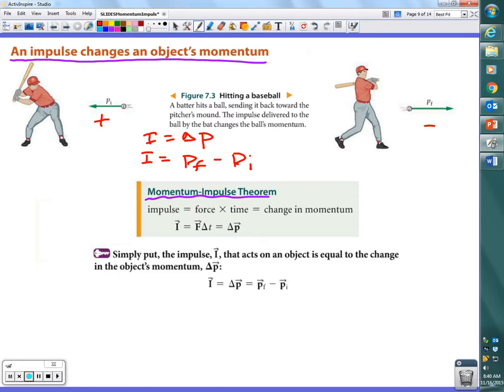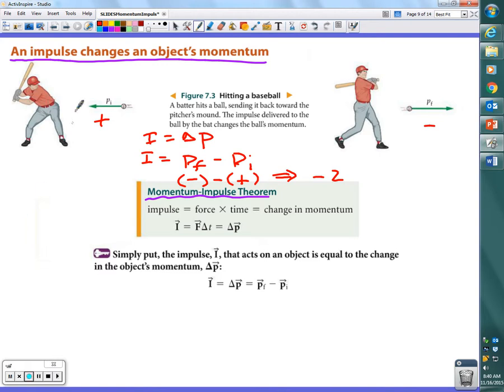When we go final minus initial, this would be a negative number minus a positive number, even if we're talking about the same magnitude of the momentum. When things bounce, this is actually twice as big of a change. Does that make sense? Negative minus a positive gives us twice as much negative.